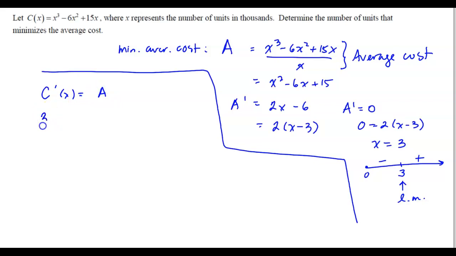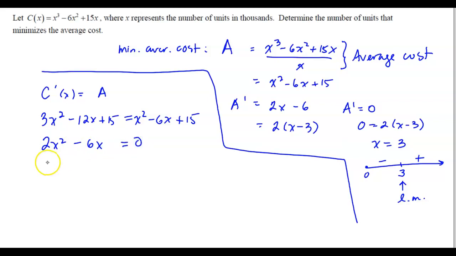So that would be 3x squared minus 12x plus 15 equals x squared minus 6x plus 15. And you can see that you get almost the same values. You just get an extra x equals 0.